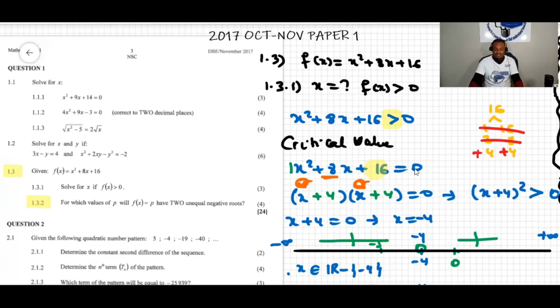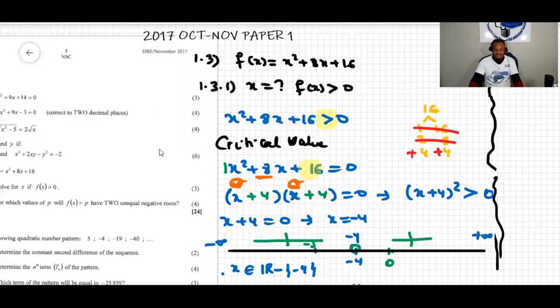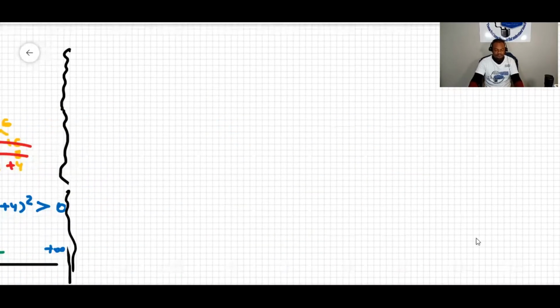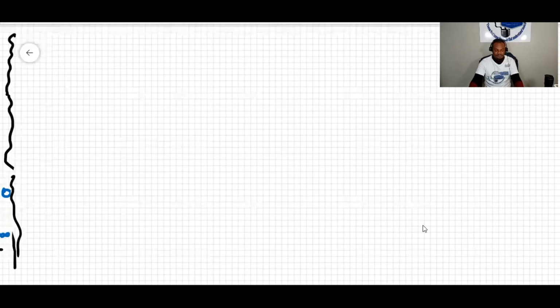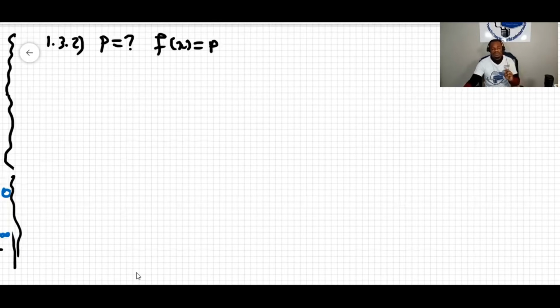All right. I'm going to write here. Now we're doing question 1.3.2. The question says we need to find the value of p, if f of x equal to p will generate two unequal real roots.